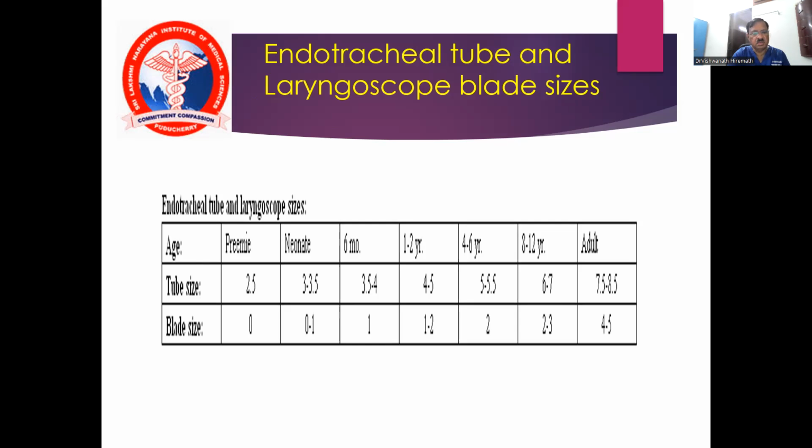The various size laryngoscope blades are 0, 1, 2, 3, 4. The size blade for an adult will be size 4 or 3.